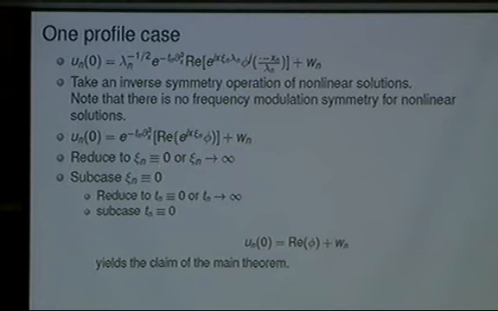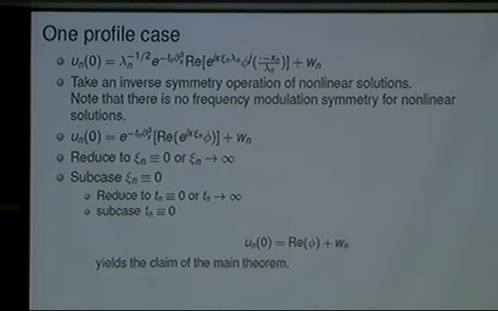If bounded, by some argument we can reduce to the case that it is just 0, by changing the profile a little bit and absorbing the difference into the error term. So we are going to consider four cases, when the frequency modulation is 0 or infinity, and time t_n is 0 or infinity.